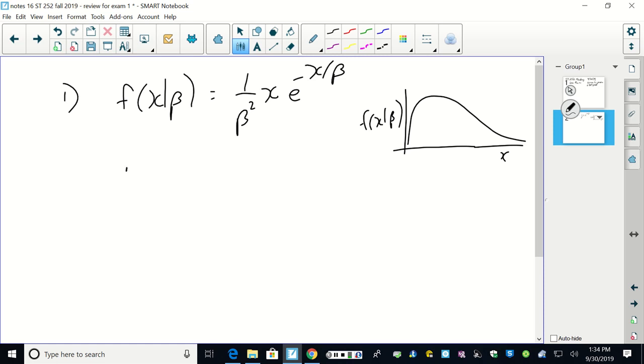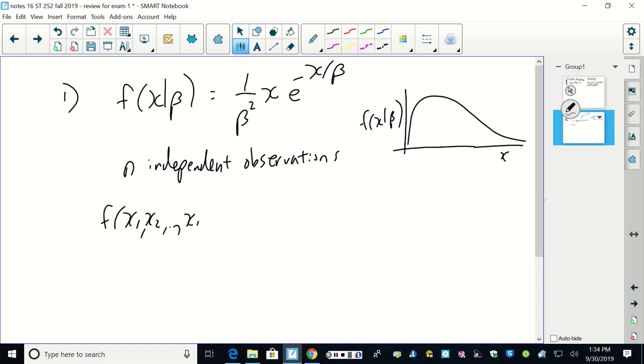If we have n independent observations from this density, the joint density of all of them together for beta is the product of those. And so this density gets put in there, and this becomes a little i on it, e to the negative xi over beta.